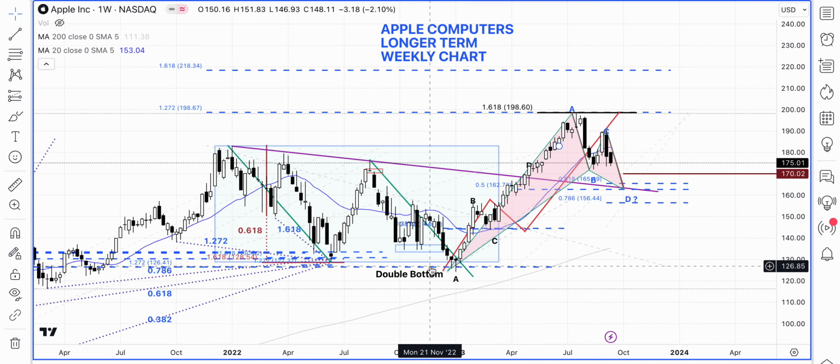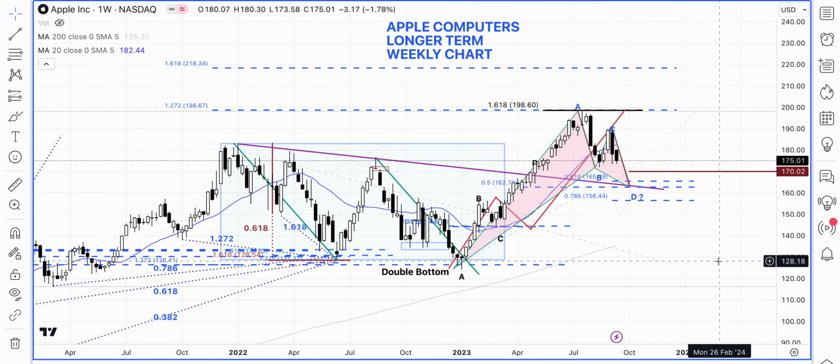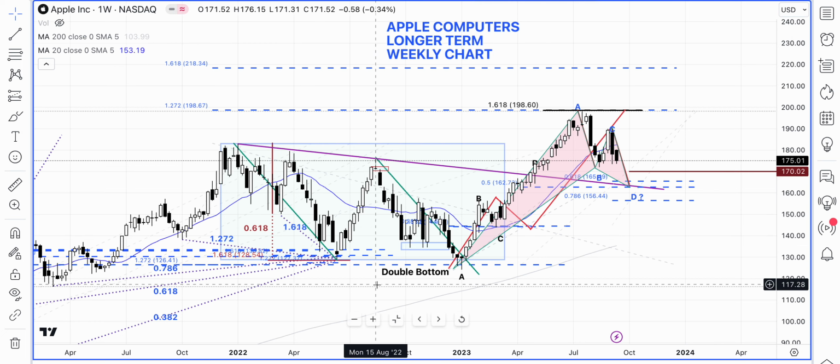If the price closes below the $120 per share level on a consecutive basis on the weekly chart, then at least in my opinion, the price could pull back much lower, and it could be a fairly longer term corrective action taking place in the Apple computers chart. So this is what we are watching on the Apple.